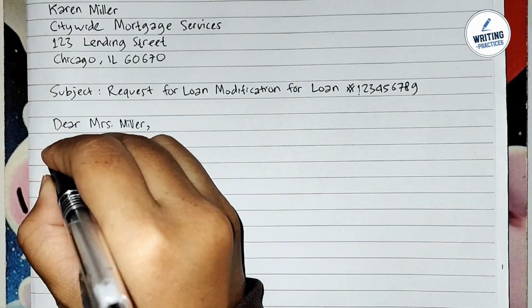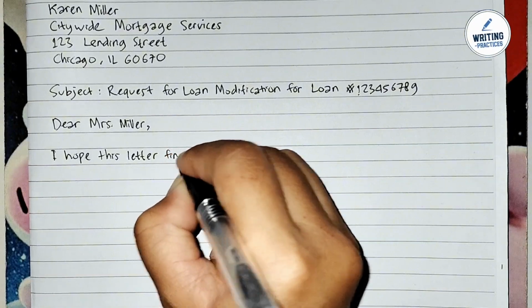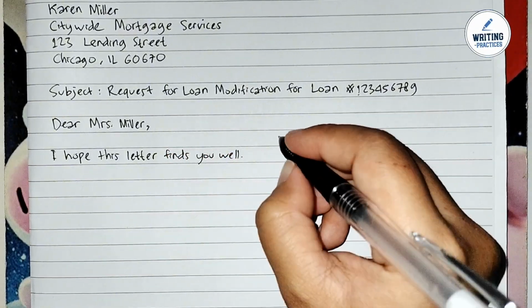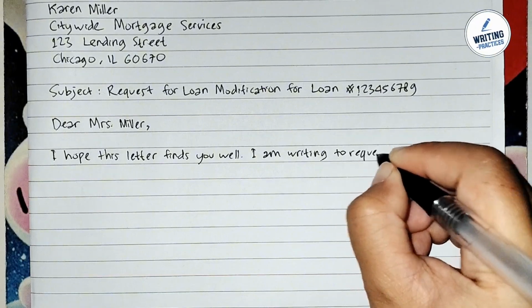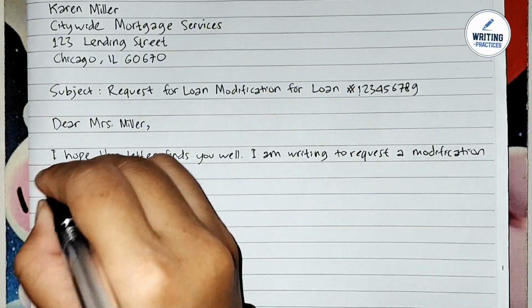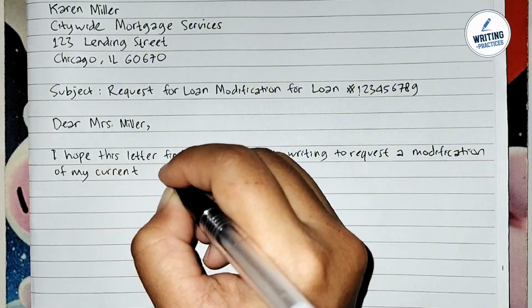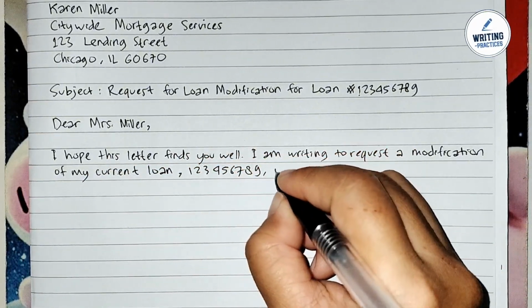In the first paragraph, this is the introduction paragraph. You can start with a simple greeting like, I hope this letter finds you well. And then, you need to write the purpose of the letter. Yes, state the intention of writing the letter, which is to request a modification of the current loan terms. By doing so, you will need to write the loan details.